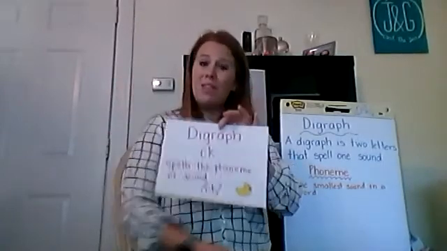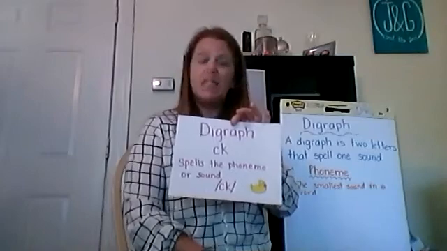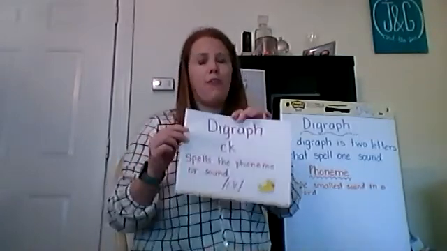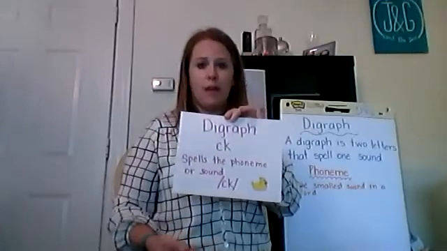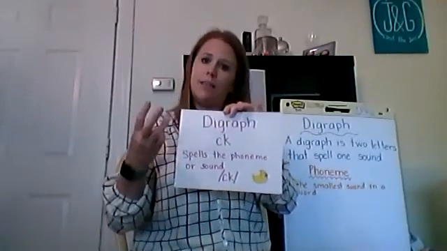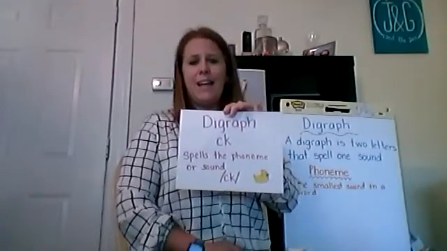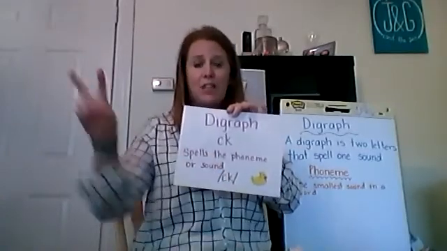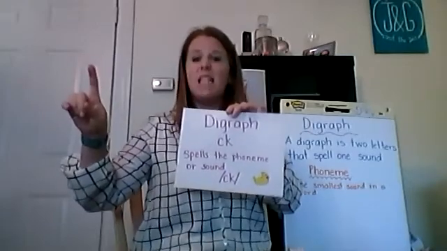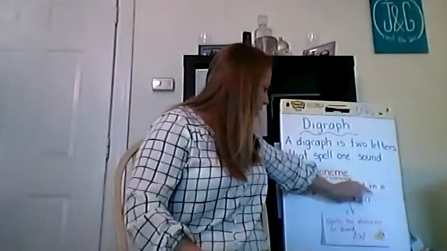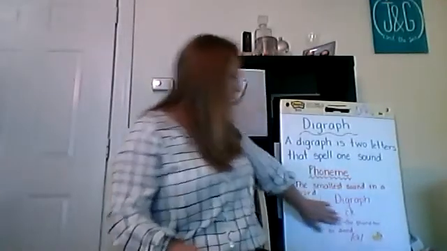Now I know both C and K say k, and when I first started reading, if I saw the word duck, I would sound it out d, k. But there's no such thing as a duck. That's silly. So C and K actually come together to make that one sound. So that is our digraph today, and the phoneme.